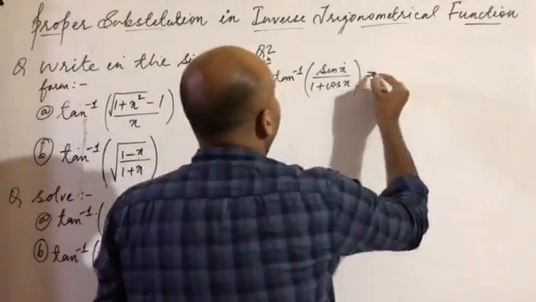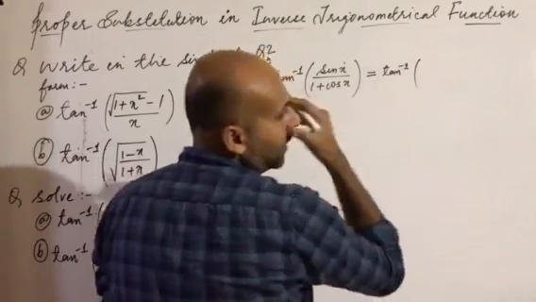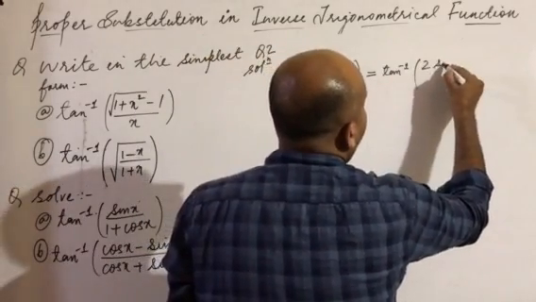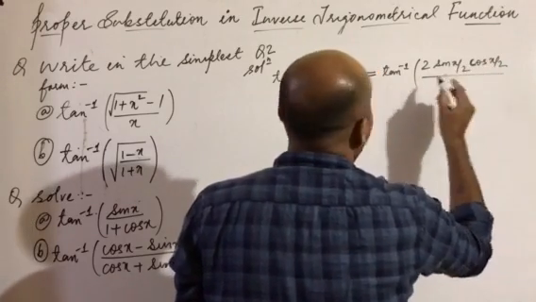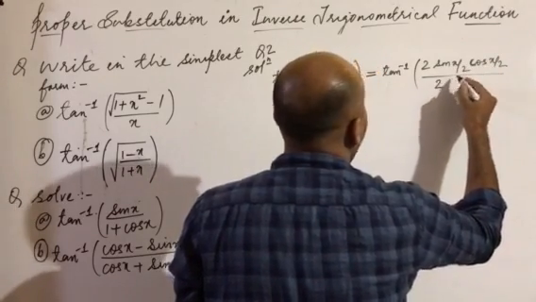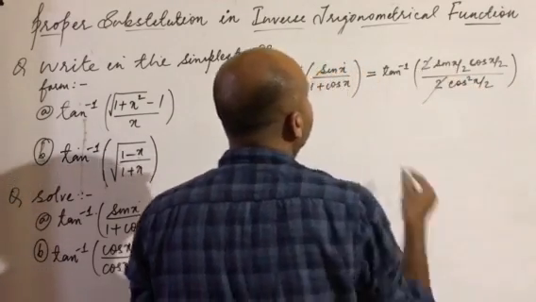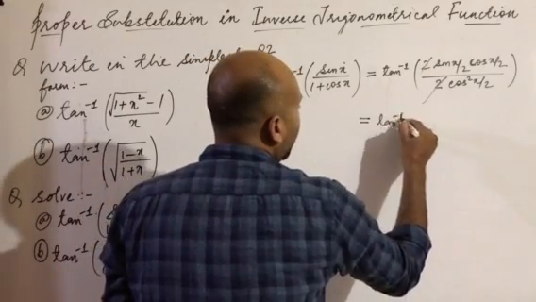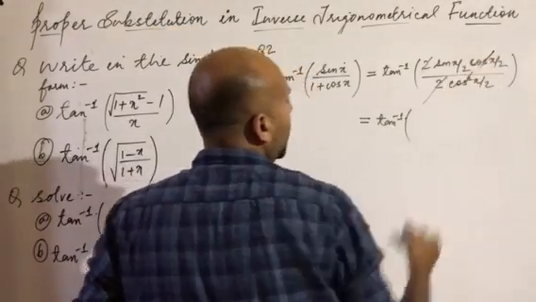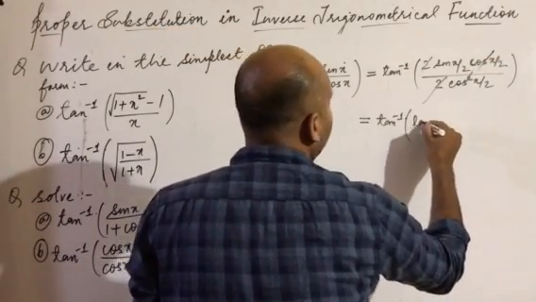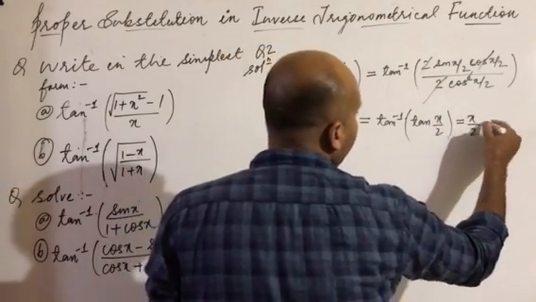This can be written as tan inverse of, sin x can be written as 2 times sin x by 2 into cos x by 2, divided by 1 plus cos x, which is equal to 2 times cos square x by 2, because this is the formula. 2 and 2 get cancelled. So the next line I can write tan inverse of, sin and cos square get cancelled, so this will be equal to tan of x by 2. So tan and tan inverse we can simply cancel, and my answer will be equal to x by 2.